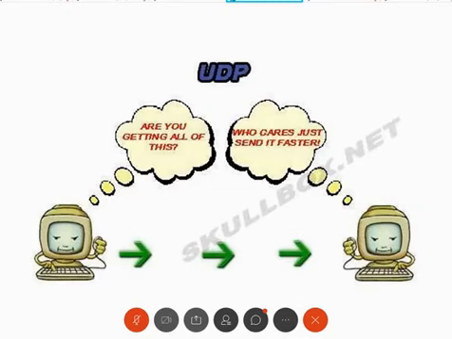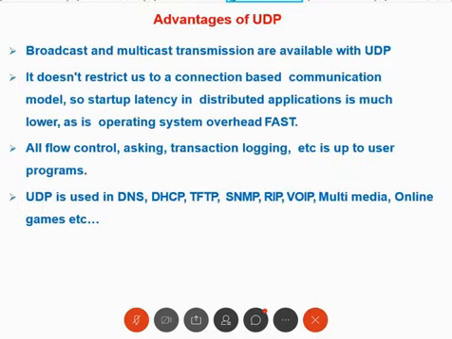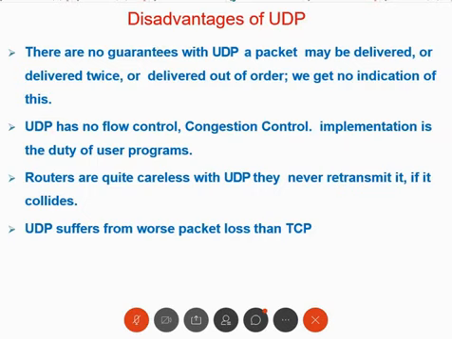You just send it. That means it is not bothered about assured delivery of the packet. Other applications running on UDP are multimedia streaming, and simple queries like DNS. UDP suffers worse packet loss than TCP because it doesn't have a flow control mechanism. It doesn't have checksums.